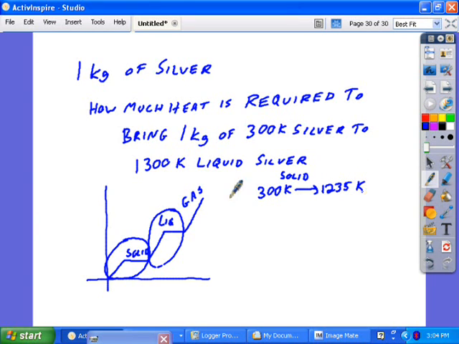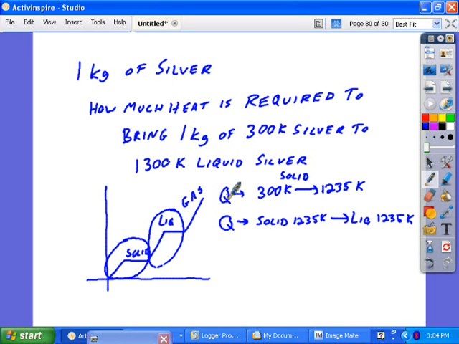So, it's going to take a certain amount of heat in order to go from here to here. Then it is going to take a certain amount of heat to turn solid 1235 Kelvin silver to liquid 1235 Kelvin silver.